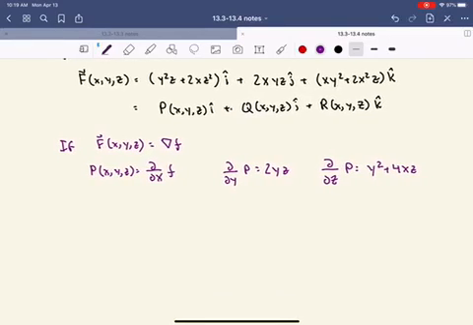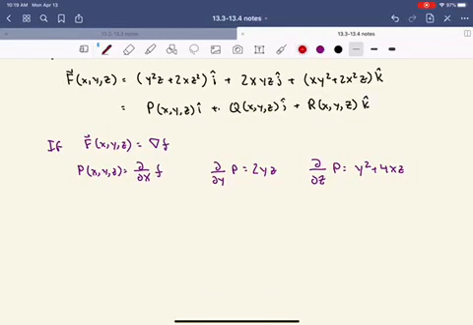Now I want you to think about these as the partial with respect to y of the partial with respect to x of our original scalar function f, and the partial with respect to z of the partial with respect to x of f.